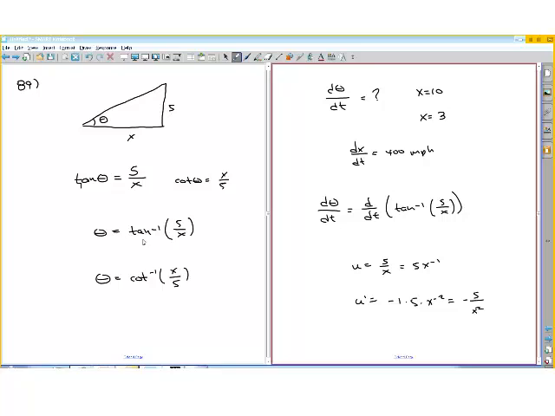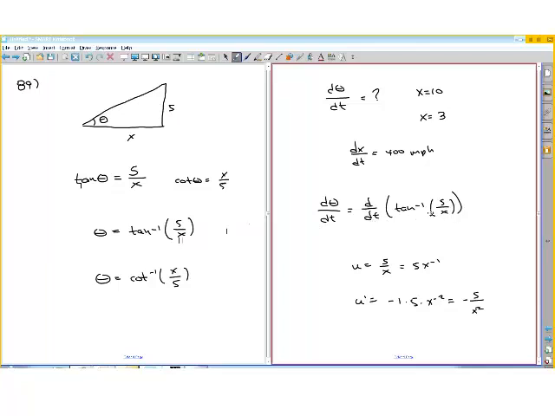So then we said, okay, now we need to find d theta dt. Well, t is a separate variable from x and theta. So the left-hand side just becomes d theta dt, and then you have to use implicit differentiation on the right-hand side because the derivative is with respect to t and the variable is x.